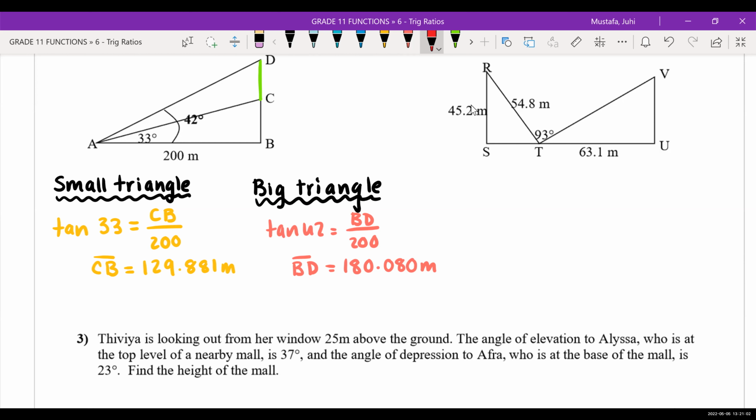So side length CD is going to be equal to 180.080 minus 129.881. And now we're allowed to round our answer. So we're going to end up getting side length CD to be 50.2 meters.